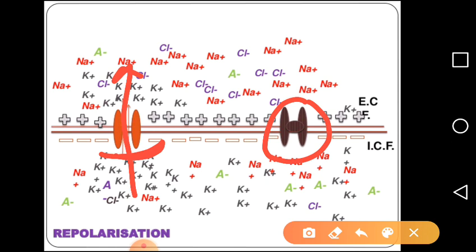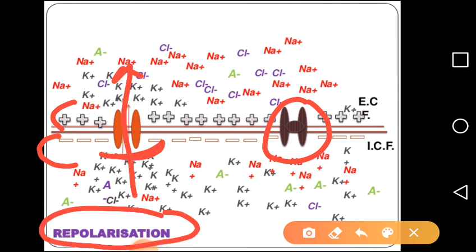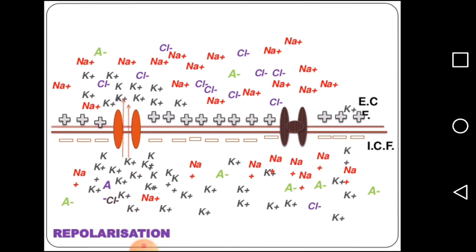Obviously when a positive charge is moving outside, it will cause negativity inside and positivity outside, and this is called repolarization. Now you remember that in polarization it was almost the same scenario, with more negative charge inside as compared to outside, while in depolarization it was reversed, and now in repolarization again it is the same scenario with more negative charge inside.